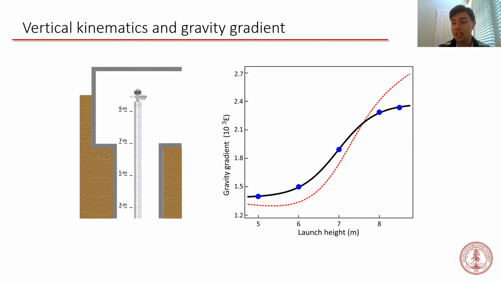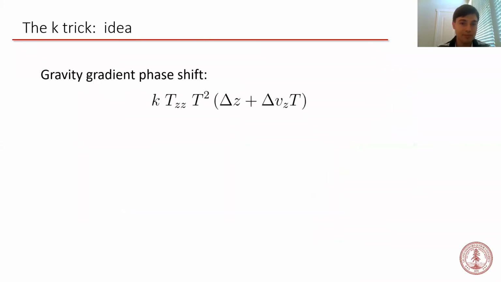The gravity gradient is scale invariant, which means that nearby small masses have the same effect on the gravity gradient, or an effect of the same size, as farther away, larger masses. This makes the gravity gradient intrinsically hard to model, and we would like to have a way to independently measure and suppress this phase shift that doesn't depend on modeling.